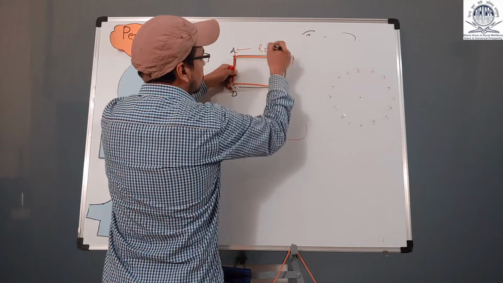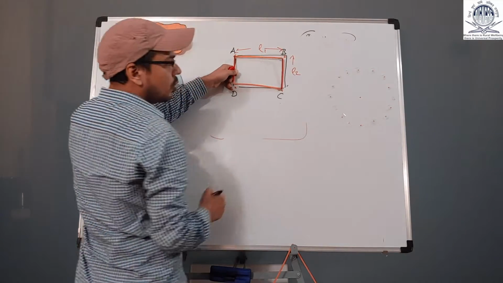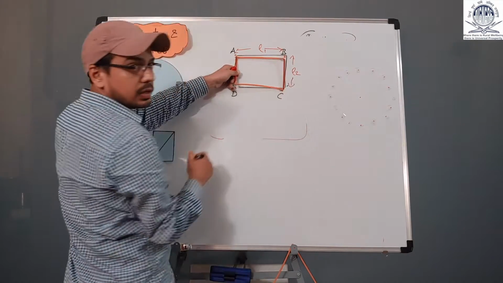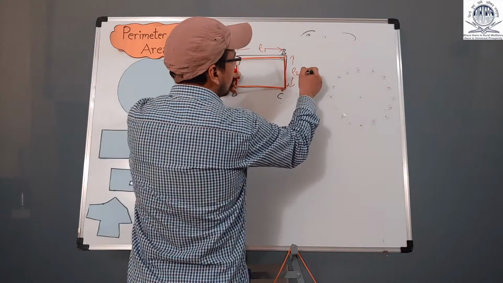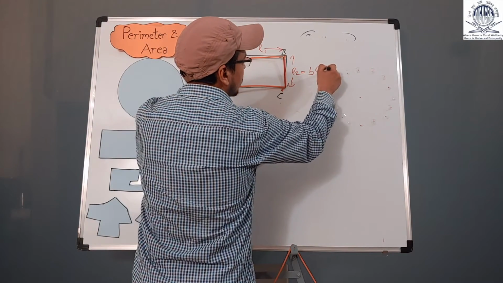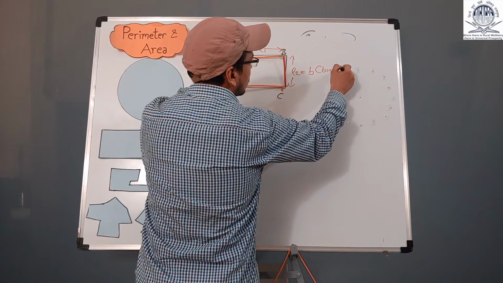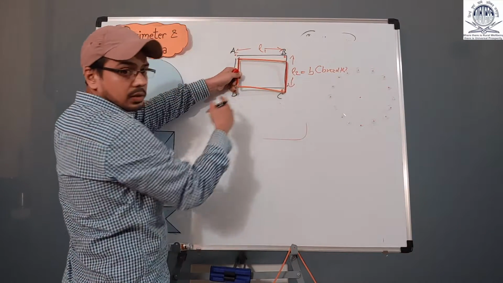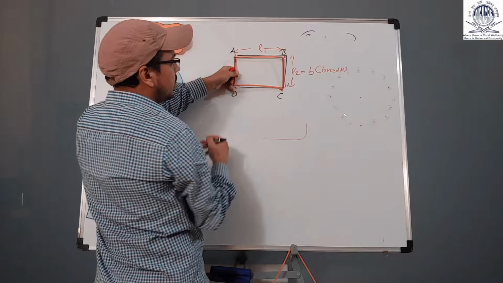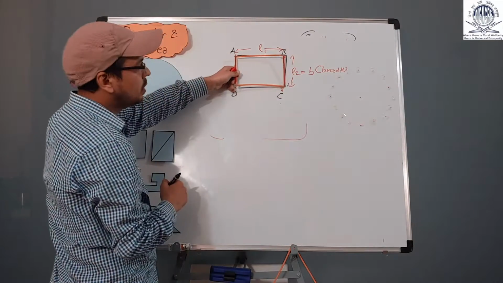So we can take them as L1 and L2, or, as is standard, instead of L2 we take it as B, which is nothing but breadth. When we have dimensions like these, we say it is a rectangle. Why?